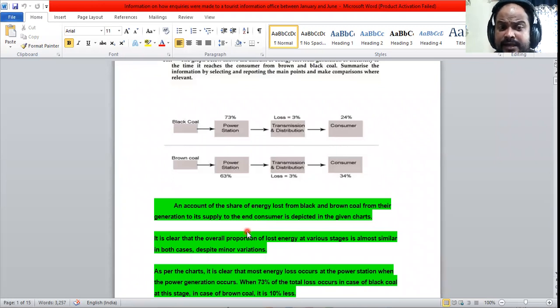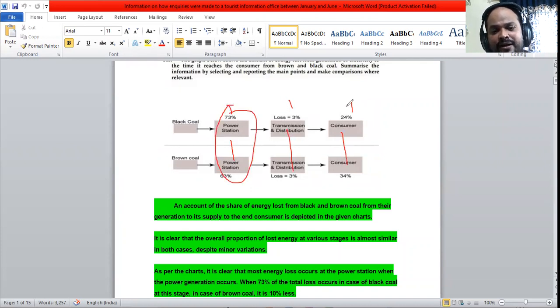Now we look at the overview. It's clear that the overall proportion of lost energy at various stages is almost similar in both cases, despite minor variations. It is obvious.